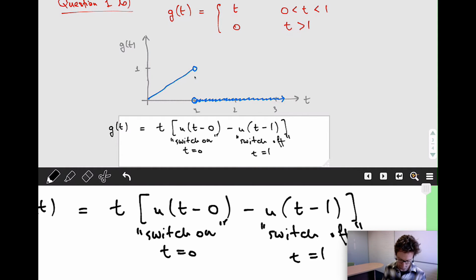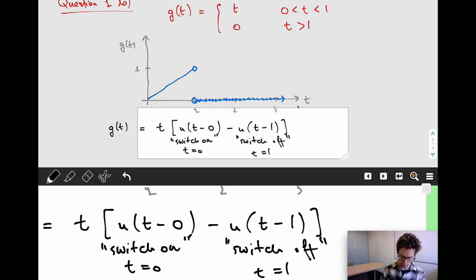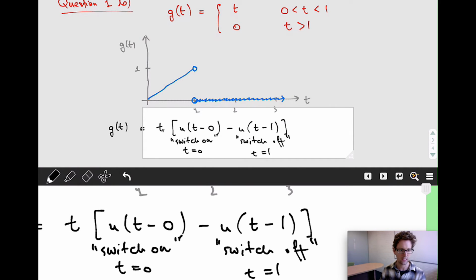Okay. What about the rest of the function? Well, the rest of the function is just 0 for the rest of eternity. So I don't actually have to include anything more in my function g of t. I've turned on t at time t equal to 0. I've switched it off at t equal to 1, and that's all that there is to this function.